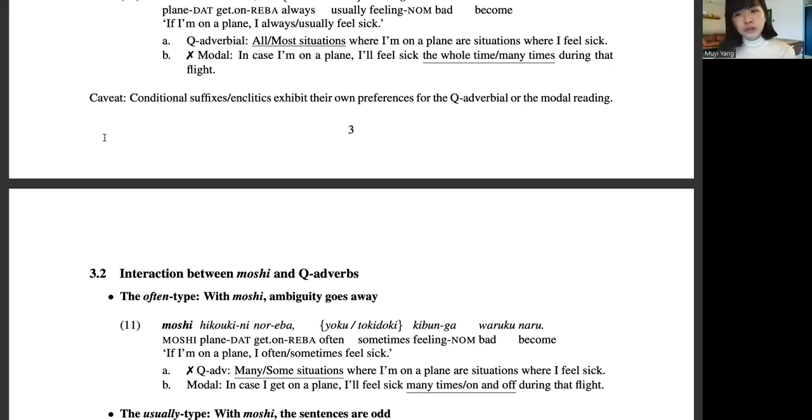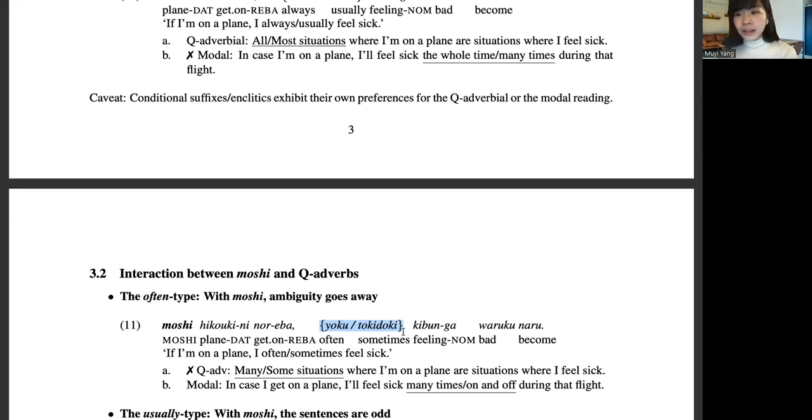Actually, I'm not sure about the competition for the same syntactic positions account, but another way to put what I understood you wanted to say is the other way around: maybe moshi itself is an epistemic modal or something like that. So as long as it is present, the thing underneath cannot be generic or Q adverbial anymore.